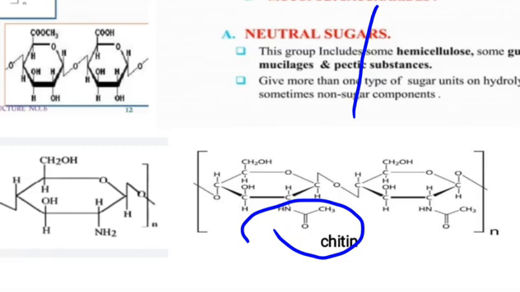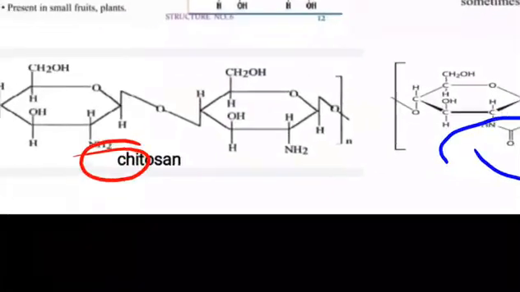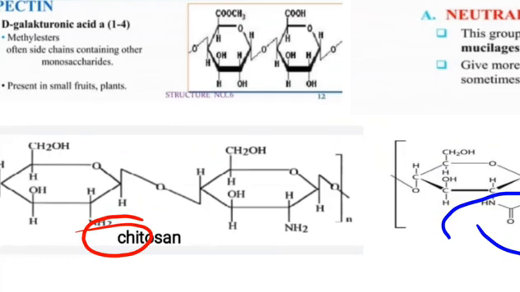It's different from chitosan. Chitosan is just glucosamine. Why is chitosan only glucosamine? Because the acetyl group is no longer present in chitosan. Look at chitosan. In chitosan, you have only the amino group present. The amino group, look at it.